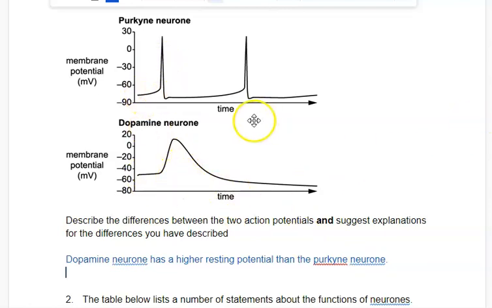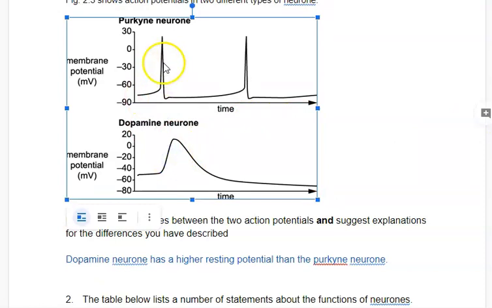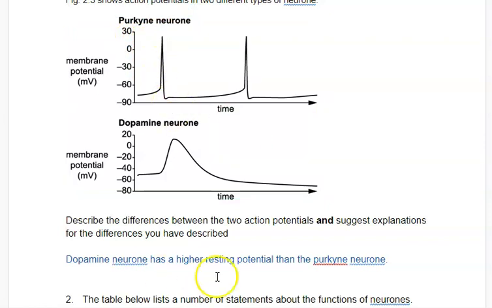So the second phase of the graph, we've got the action potential here reaches 10 millivolts, and in the Purkinje it reaches, probably, if I had a ruler I would draw across there, probably 20 millivolts.